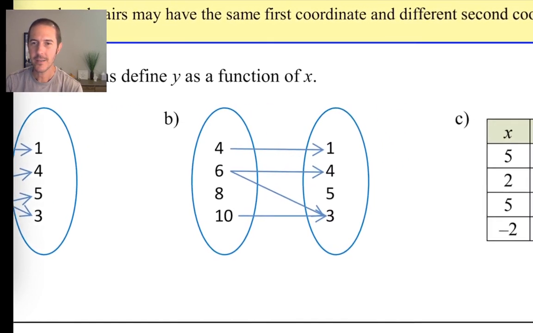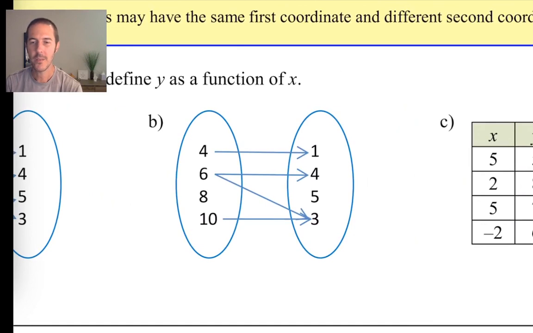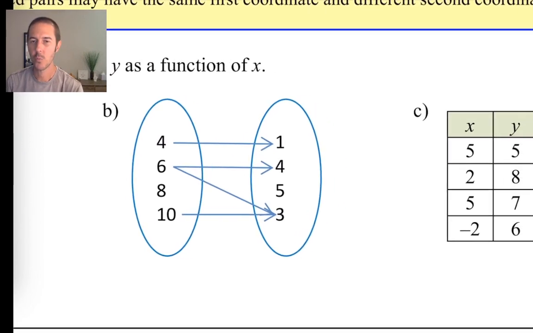In the second example, b, we see that the number 6 in the domain is mapping to two different range values. And that's fine for a relation, but when it comes to talking about a function, that would disqualify this relation from being a function. So each x value can only be used once.